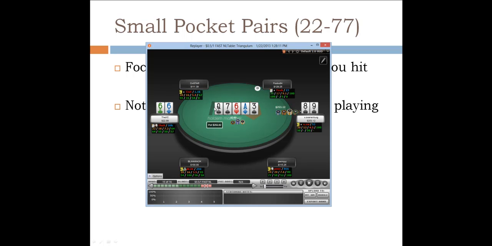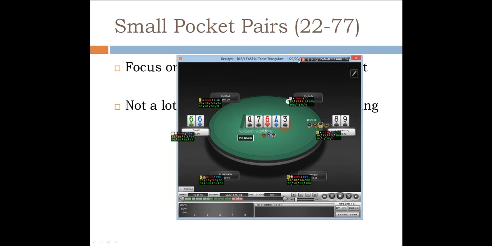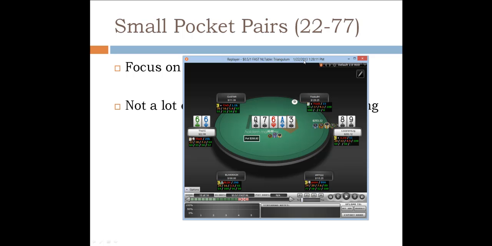This is a board where I don't want to slow play that, but I don't think shoving's necessarily the right play either. So small pocket pairs, as you can see, you're mostly looking to hit. When you hit, you're looking to extract, other than that, with an occasional small bluff. But most of the time, if you miss, c-bet once on good flops, and after that, you're going to be done.